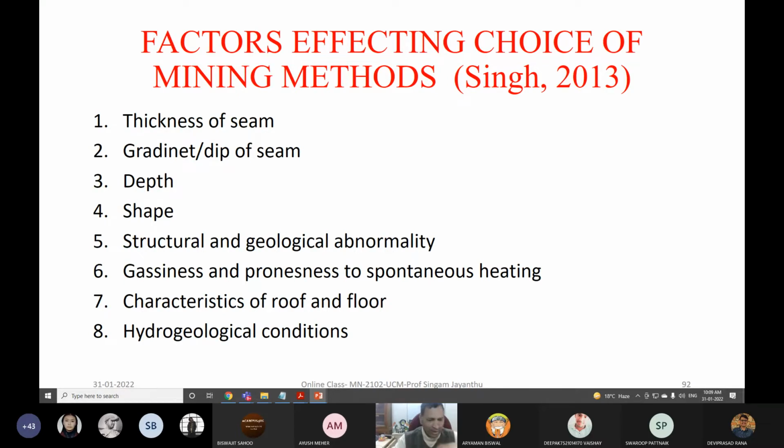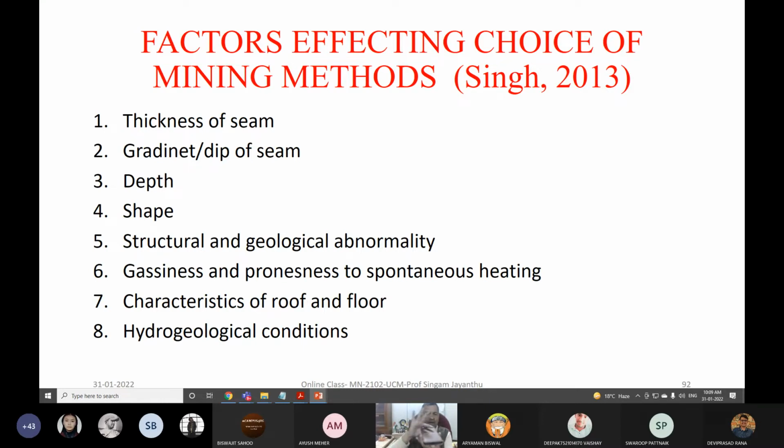Now what happens? There may be a seam. Suppose this is a seam of 20 meter here, and because of some intrusions, the intrusion may be like this, and then this seam is split into two, right? In that way there are so many seams.